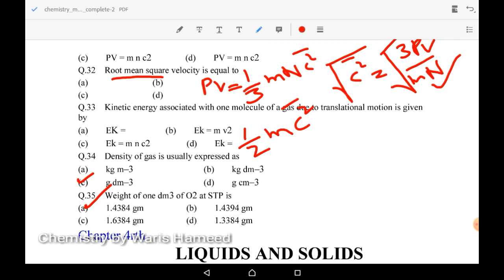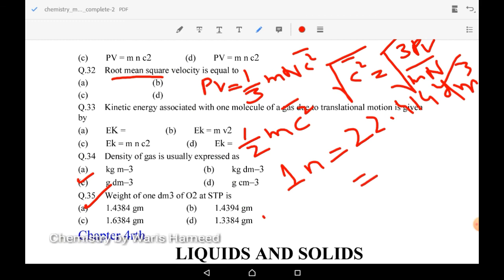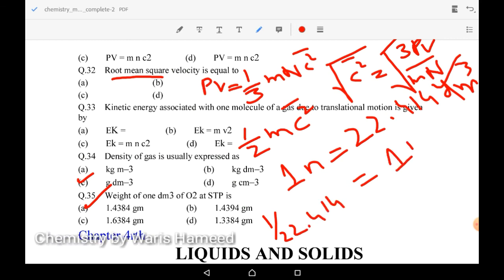How can we calculate? First of all, we know that 1 mole of any gas is equal to 22.414 dm cube. Then for 1 dm cube, we can write it as 1/22.414, and this is in moles.